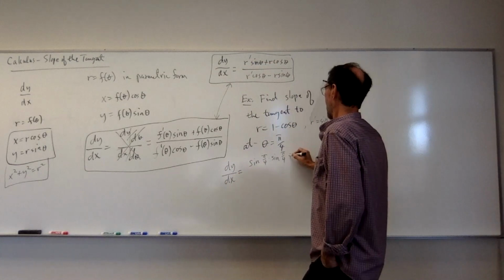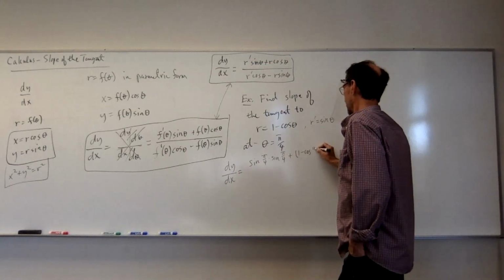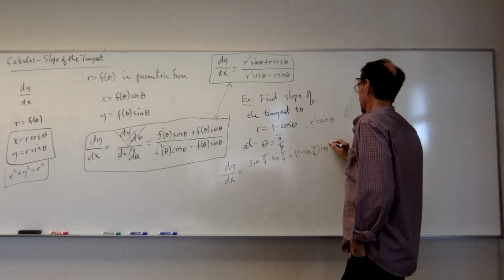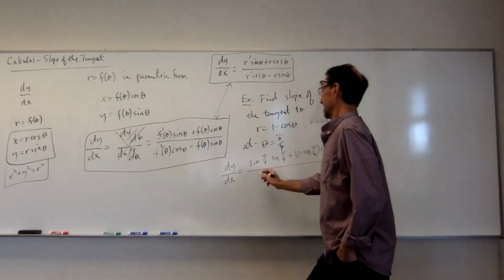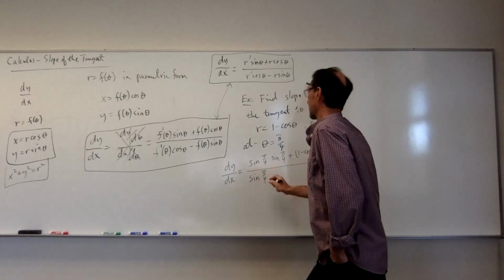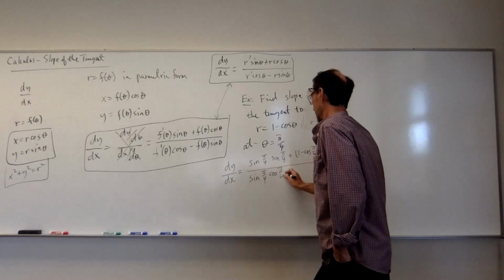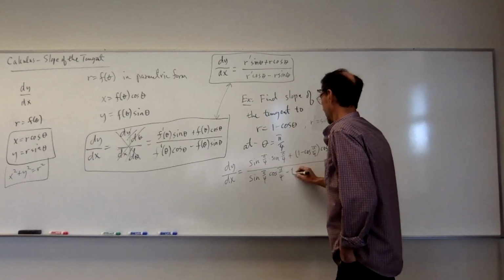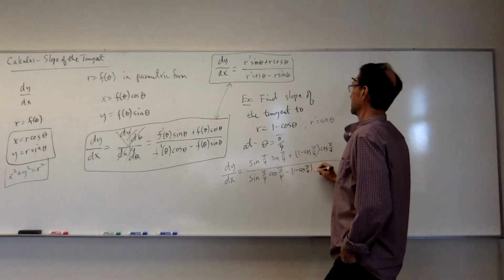Then we're going to add r, which is 1 minus cosine pi/4, times cosine pi/4. We're going to divide by r prime, another sine, but now we'll multiply by cosine pi/4. And we'll subtract r sine pi/4, 1 minus cosine pi/4 times sine pi/4.